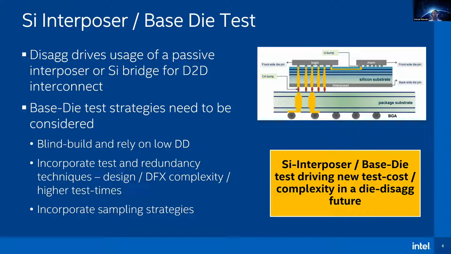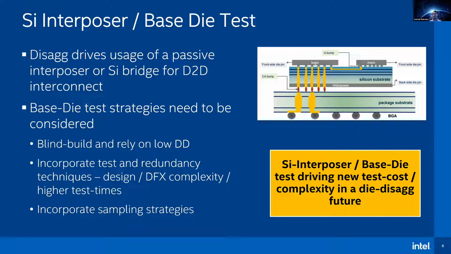We can incorporate test and redundancy techniques. There can be redundancy built in. There can be recovery built in, lane repair built in. All of these things require DFX changes on your top die, require some level of standardization. I think this has been mentioned in some of the previous presentations.